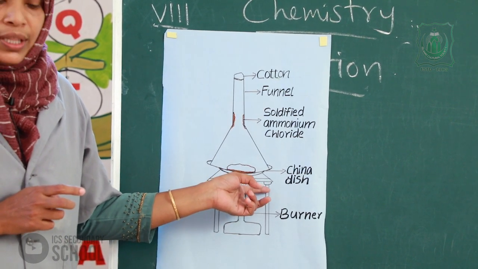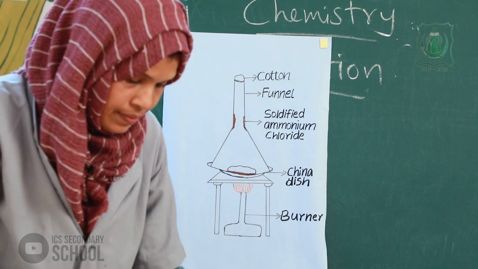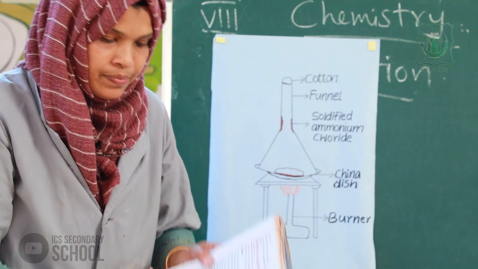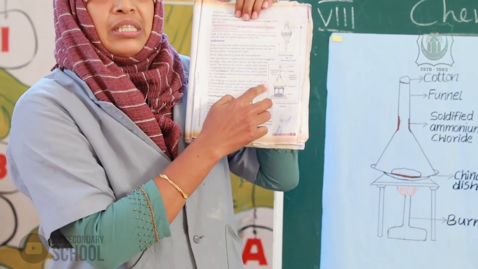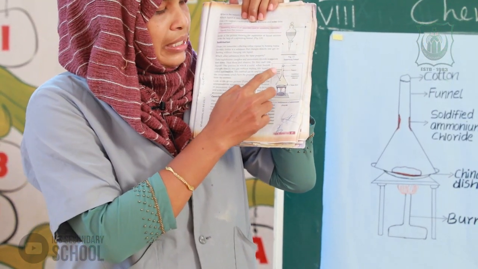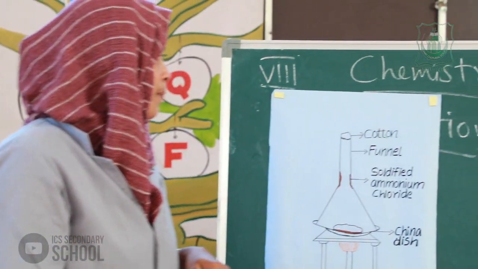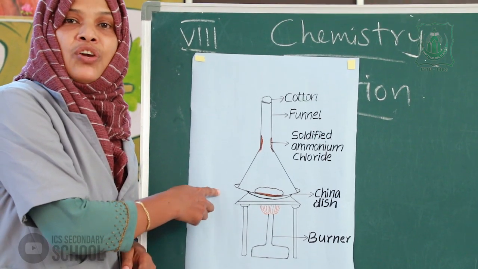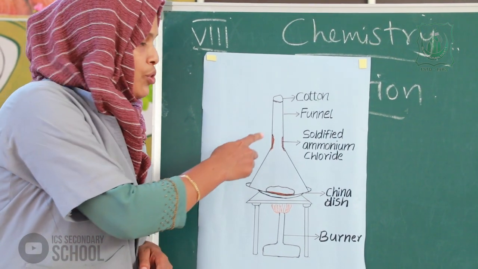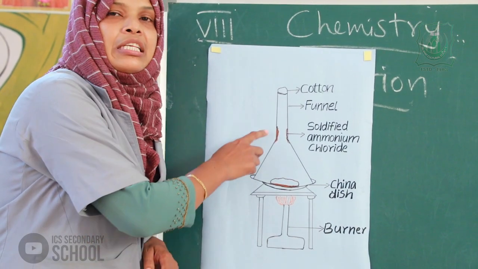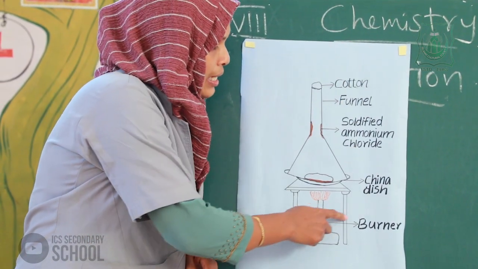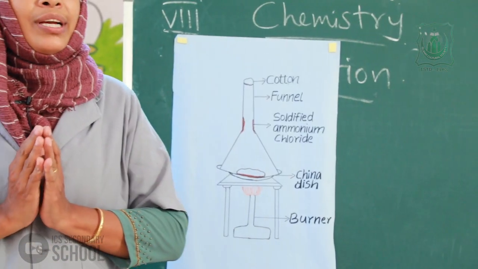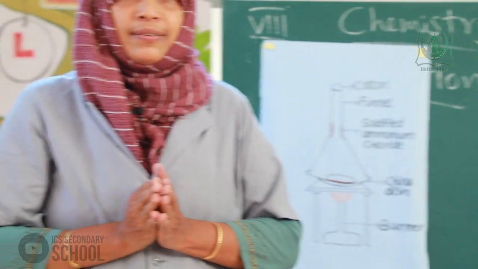On page number 45, this is the figure. You should write the procedure for this experiment and how you can get pure ammonium chloride.